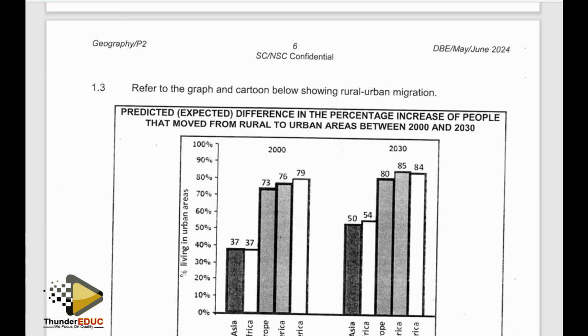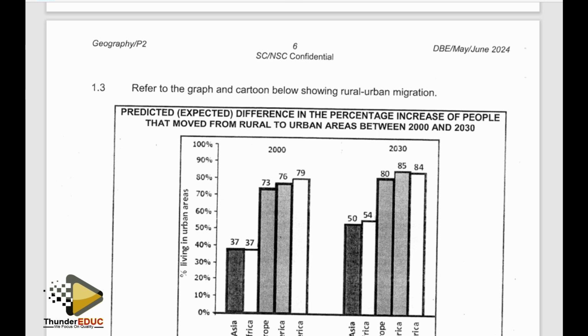Right, let's look at this graph here. Refer to the graph and cartoon below showing rural-urban migration. The title says: predicted or expected difference in the percentage increase of people that moved from rural to urban areas between 2000 and the year 2030.